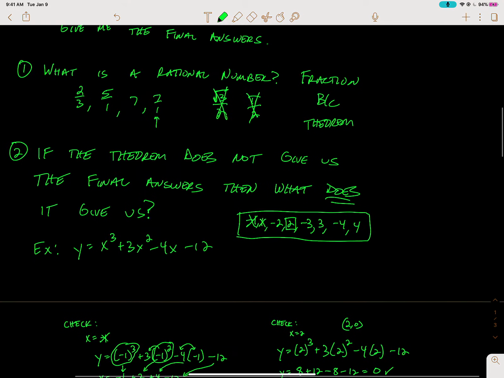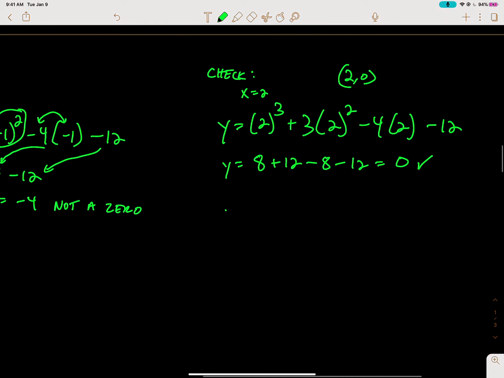So let's try -2 and see if that works. So we're going to check x equals -2.